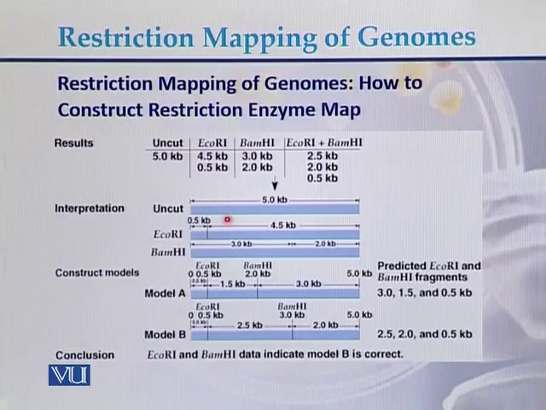So how will we interpret the result? Uncut DNA is a linear DNA. With EcoR1, two fragments were produced. Here we can see that one fragment is 0.5 kb and the second fragment is 4.5 kb. It means here is the site for the restriction enzyme EcoR1.